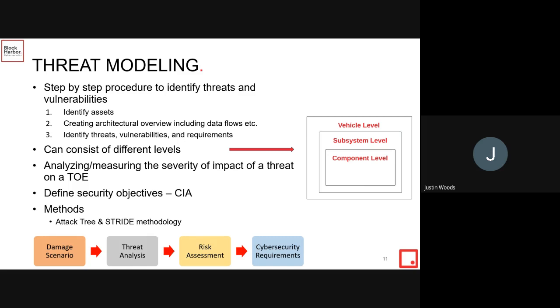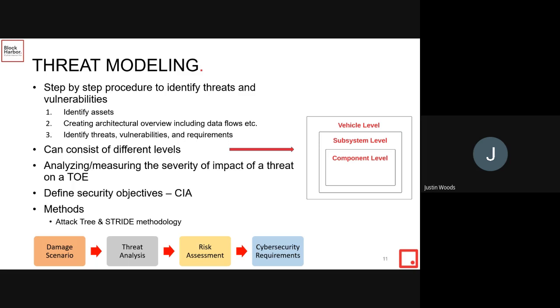So what this is saying is if we have a threat that we believe might be feasible on a vehicle, we want to attach that to a damage scenario and see how impactful that would be on the road user. And lastly, we want to define some security objectives using the CIA triad.